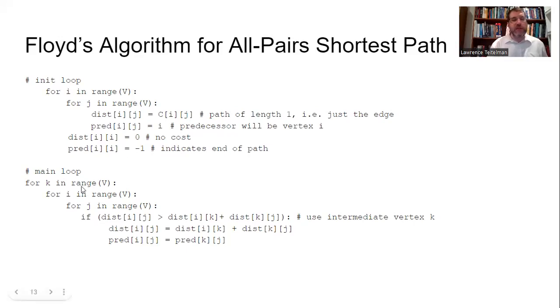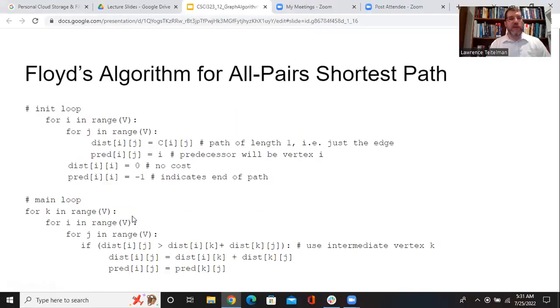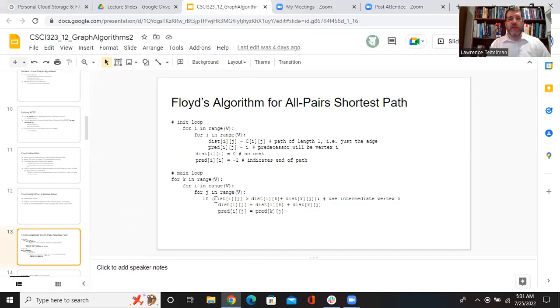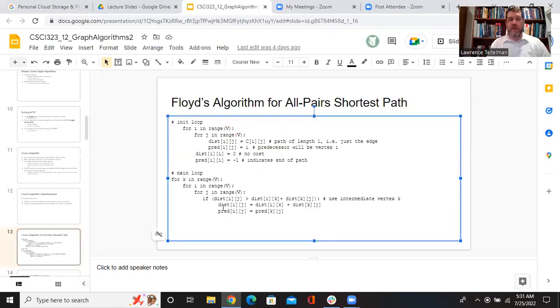Now we have the main loop itself, and we use K as our intermediate vertex. So I is the source, J is the destination, K is a loop variable, but it represents intermediate vertices. And the basic idea of the code, and you know what, this parentheses is extraneous, so we're going to take it out, right?